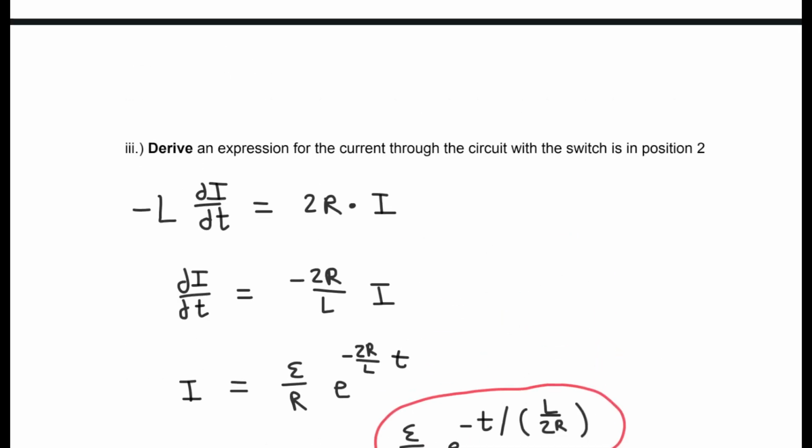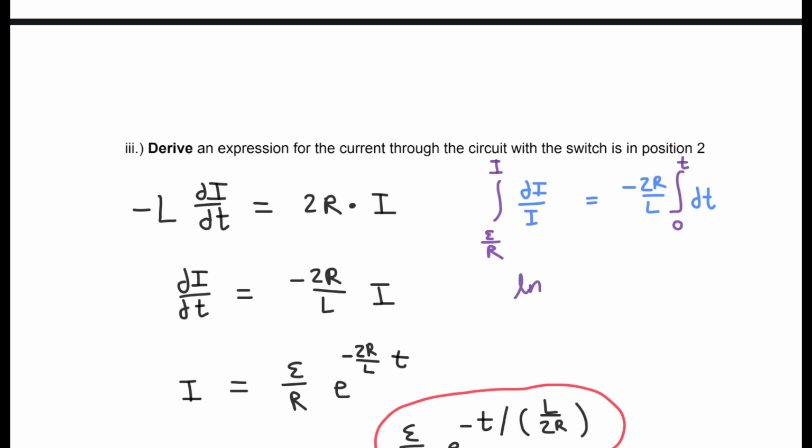So, of course, we can quickly just show that this is the actual answer. If we separate the differential equation, we get di over I is equal to negative 2R over L times dt. And then we can integrate both sides. So our current changes from its initial value of epsilon over R to its final value of I. And then the dt, well, we're just integrating from 0 to t.